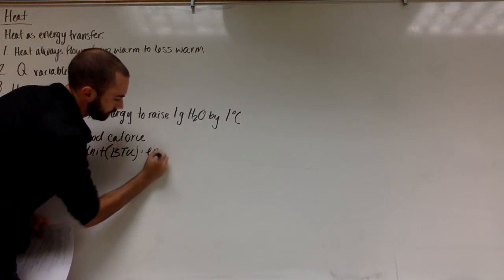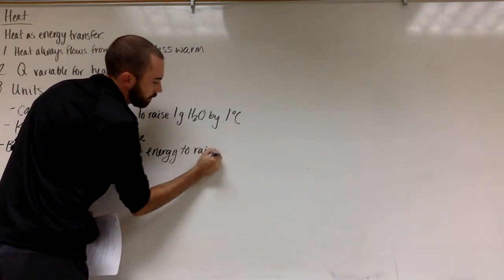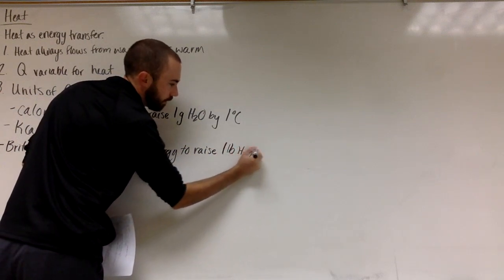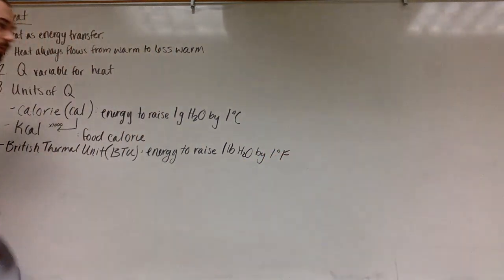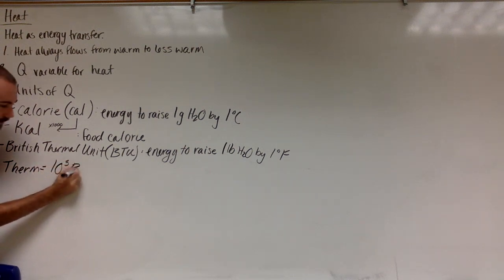So it is the energy to raise 1 pound of water by 1 degree Fahrenheit. Very American feel to it. We also have the therm, which is just equal to 10 to the 5th BTUs.